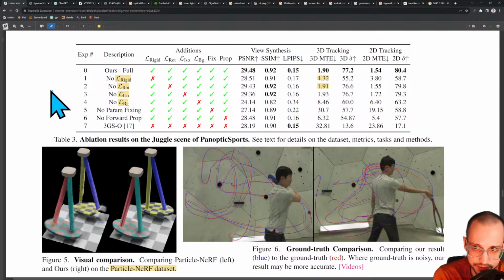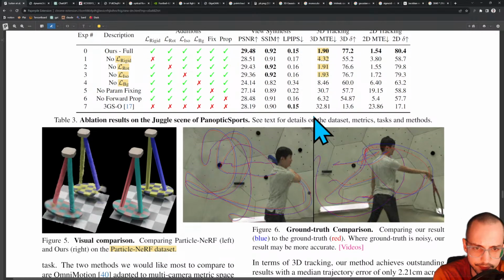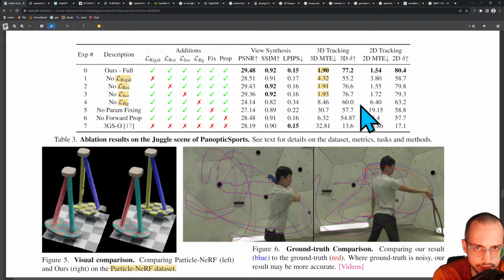The L rot and L iso 1.91, 1.93 compared to full 1.90, so they really don't make that much of a difference. And here you have the 2D tracking. Same kind of scenario, where really most of the juice is coming from this rigid body transform loss.